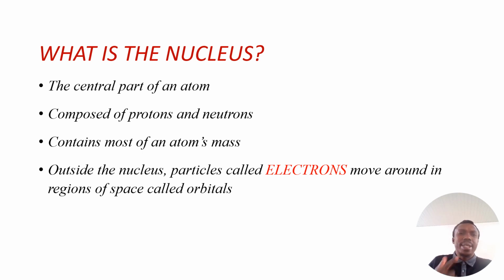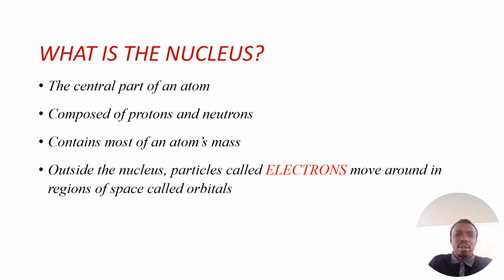The nucleus is the central part of an atom, and it's composed of protons and neutrons. That means the protons and the neutrons are concentrated in the nucleus of an atom, and it contains most of an atom's mass.